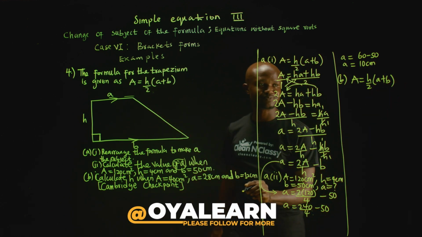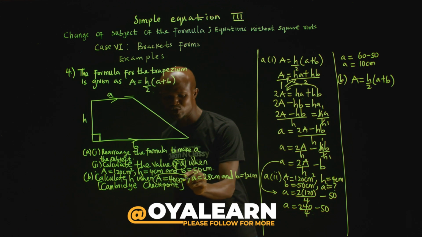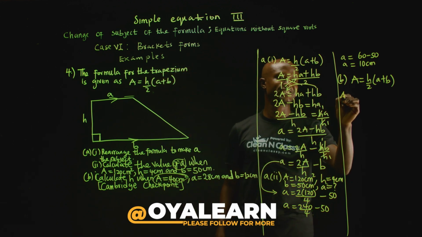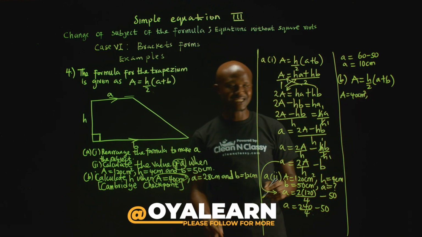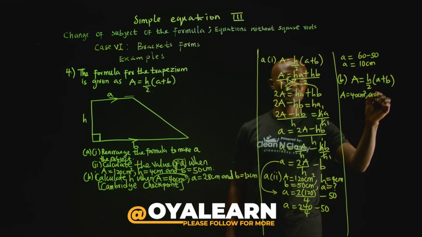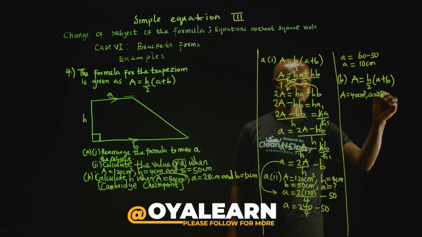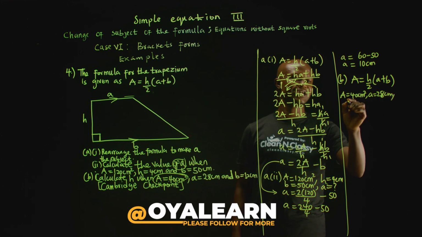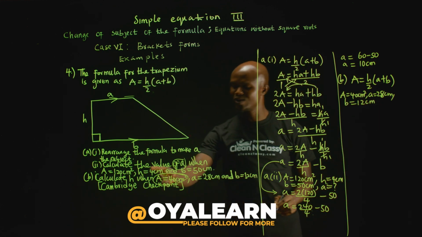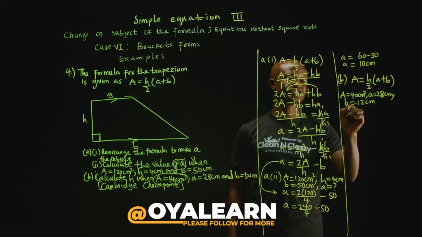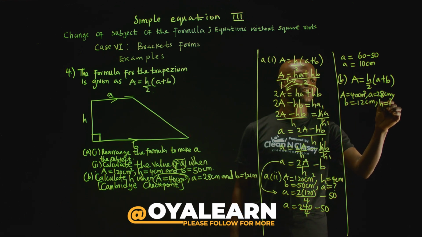Now from the question, we are given capital letter A equals 40 centimeter square, and small letter a is 28 centimeter, and small letter b is 12 centimeter. So in this case, we have to calculate the value of h. We don't know h, I'll put a question mark.